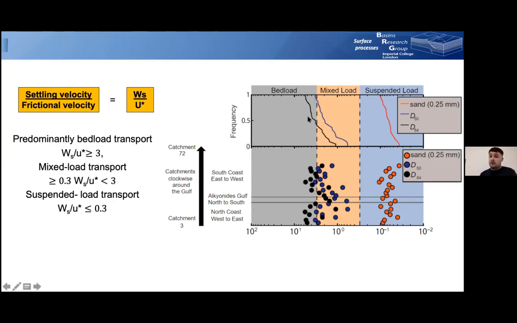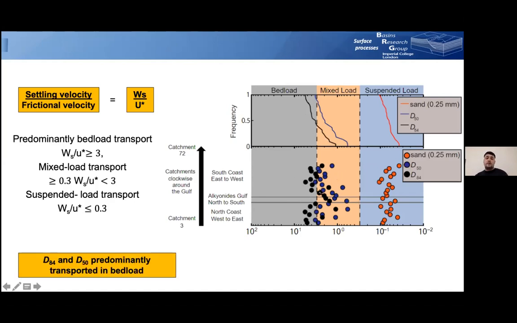Now, when we look at our graph on the right here, we have cumulative frequencies at the top, with D50s in blue, D84 in black, and then a typical sand in orange. I've highlighted each regime of bed load, mixed load, and suspended. What you can see from this graph is that D84 is predominantly in bed load, and D50 is also in bed load and mixed load.